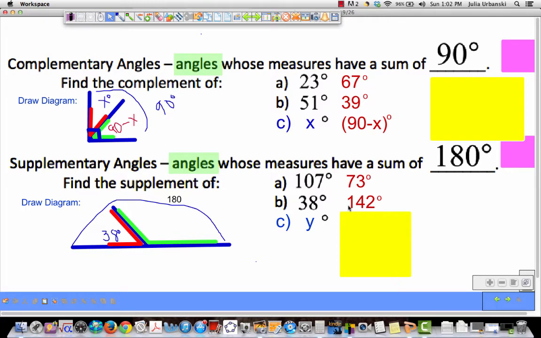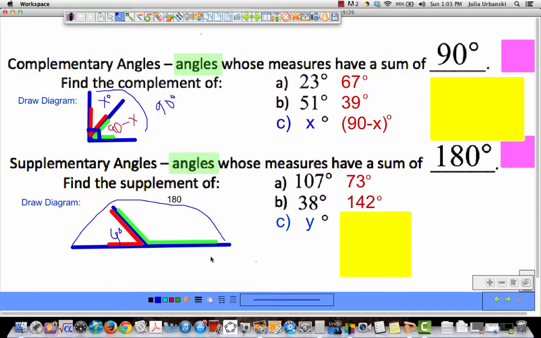Okay, now here's the tricky part. Think about in general, what if they didn't tell you the numbers? What if all I told you was that you have an angle that's y? Put that in our picture here. You can just watch me if you want to. Here's y. Think about it. If one of the angles is y, how would you end up finding the second angle? It's the same as we've been doing all along.